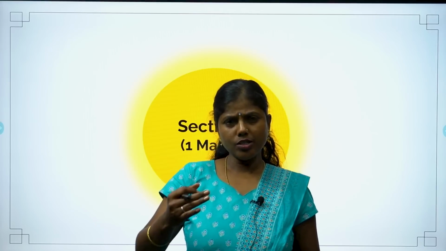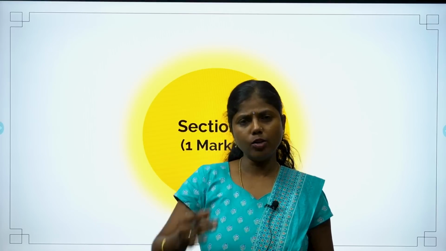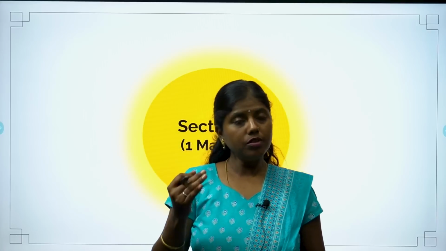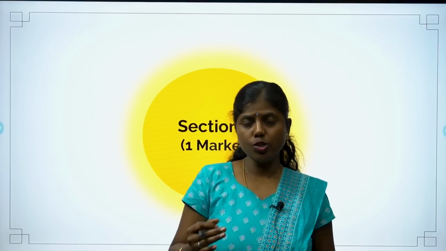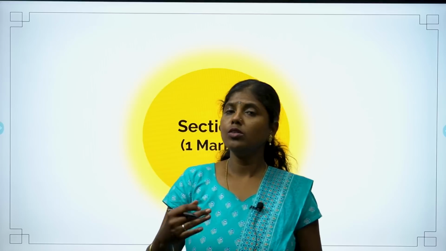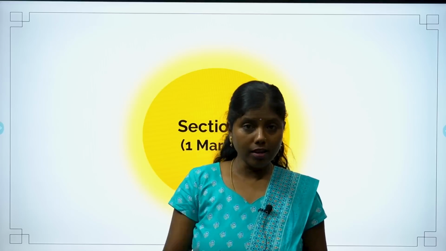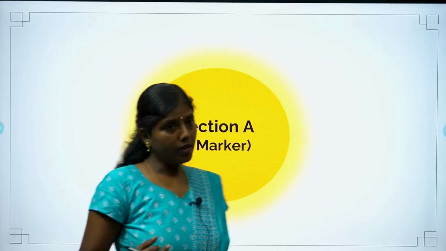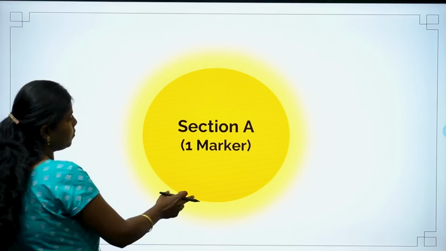For example, in Section A write all the answers, then Section B, all the answers, and Section C. If you don't know the answers, you can leave that space blank and then continue with Section C, and then you can continue with Section D. Okay, so this is going to be the best option, so it is easy for the evaluator also to allocate the marks for you. Okay, so we'll start with Section A, that's going to be 1 marker.